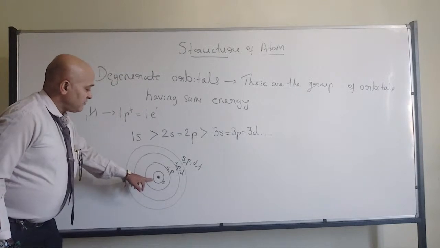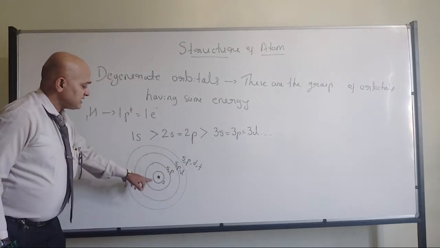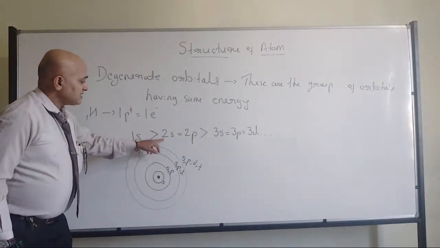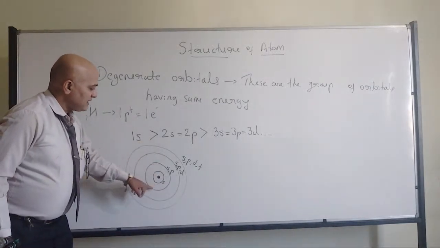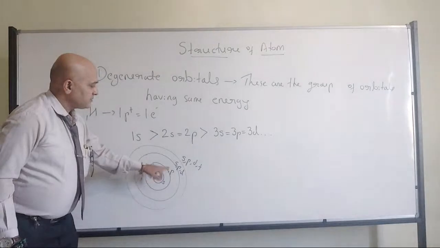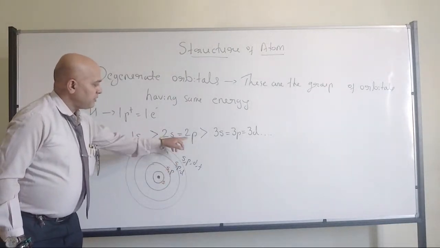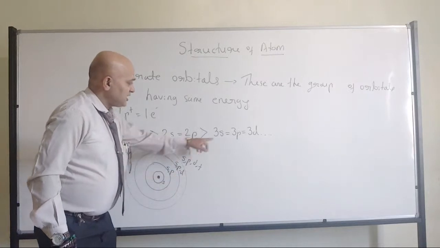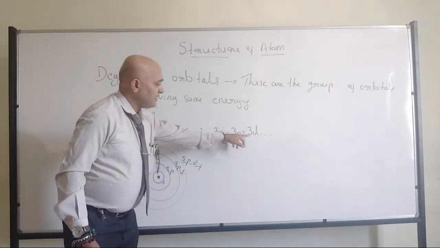The first energy level will be of lowest energy, so 1s is lower than the second energy level, where 2s and 2p are of equal energy. In the third energy level, 3s, 3p, 3d.